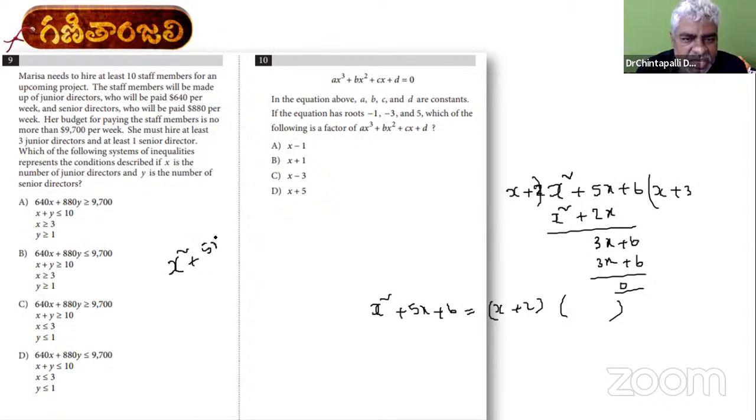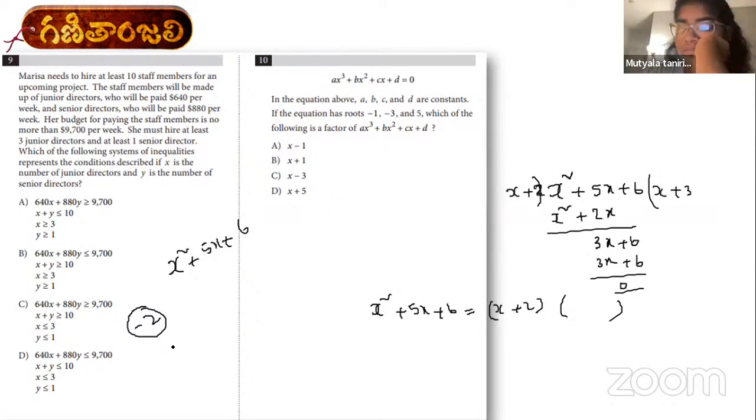Now let's have a look in a different way. x square plus 5x plus 6, right? Yes, sir. Plug in minus 2 and tell what happens. So it's 0.